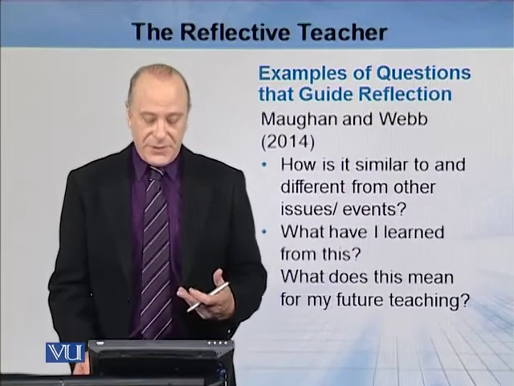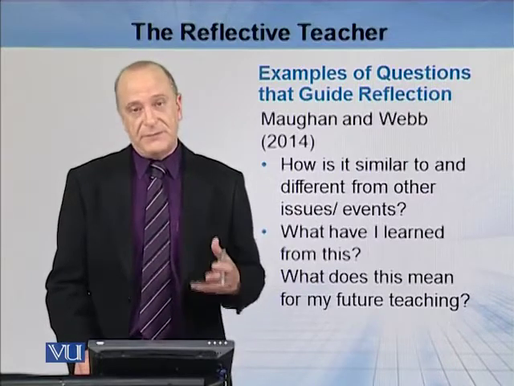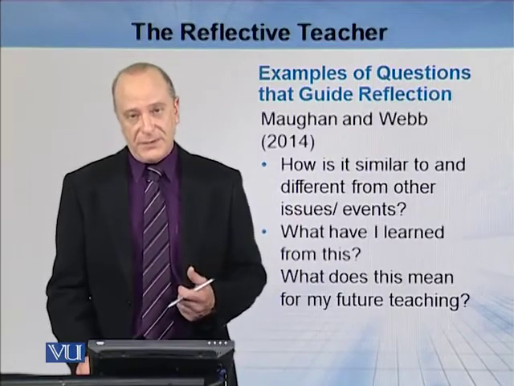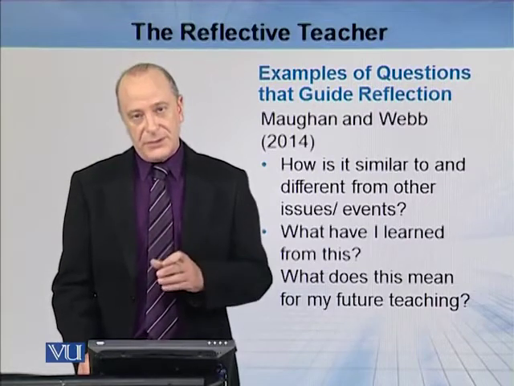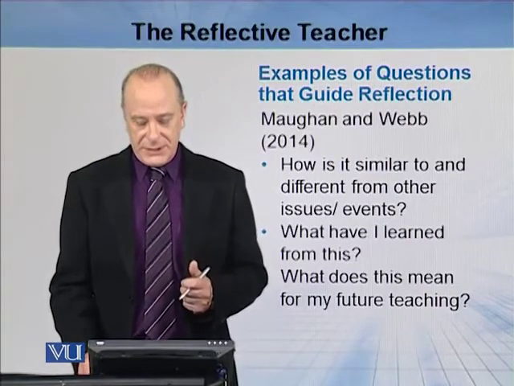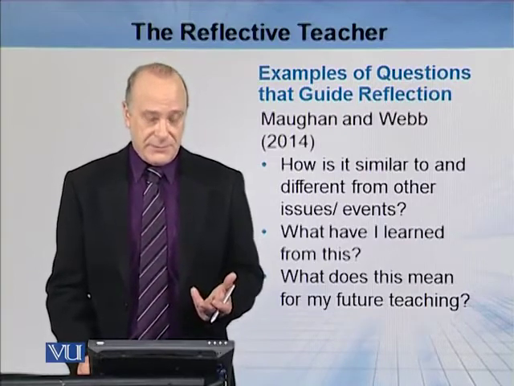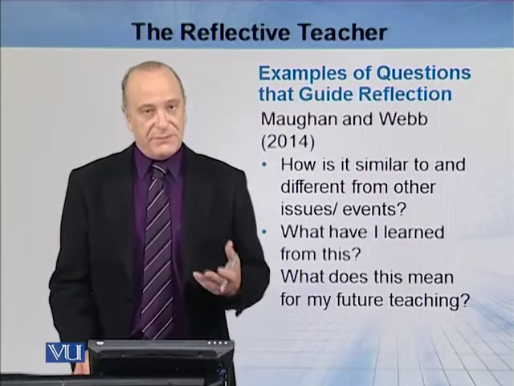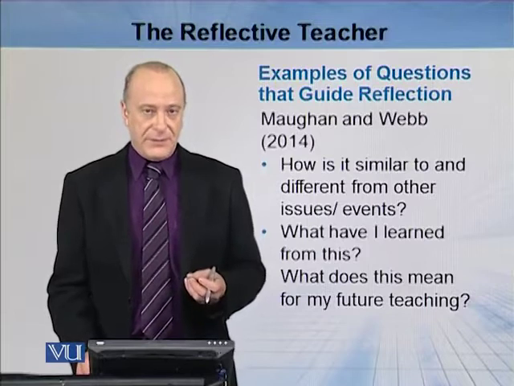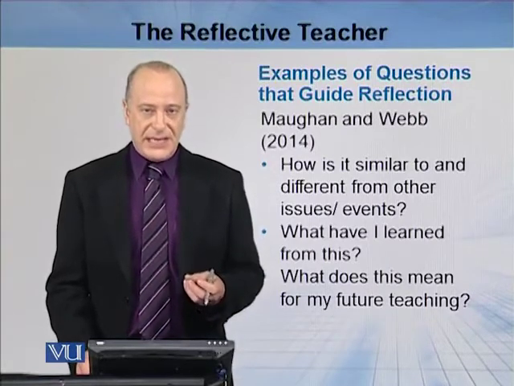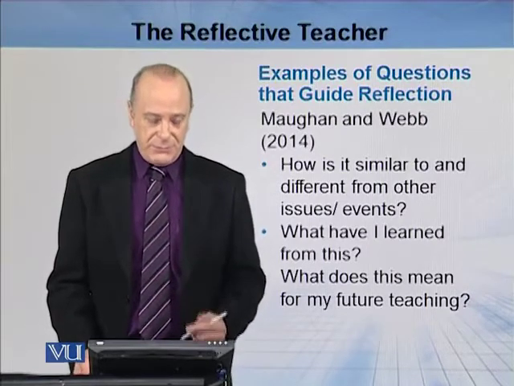They offer the question, how is it similar to or different from other experiences that the teacher has had, to make connections between their teaching. The teacher can ask, what have I learned from this? And what does this mean for my future teaching? This is where the teacher is engaging as a learner in the teaching process.